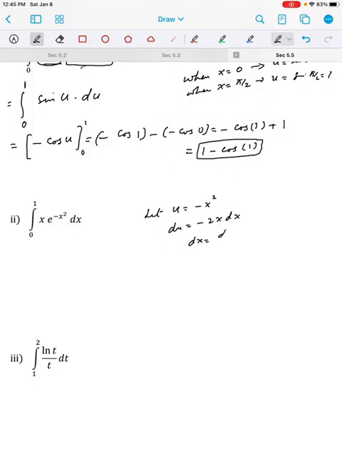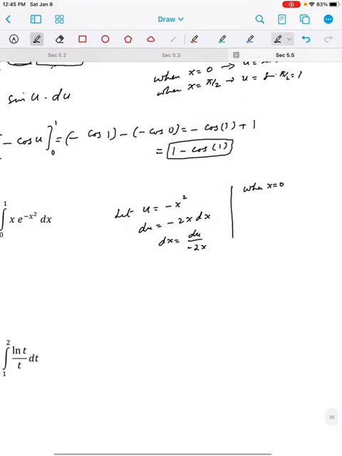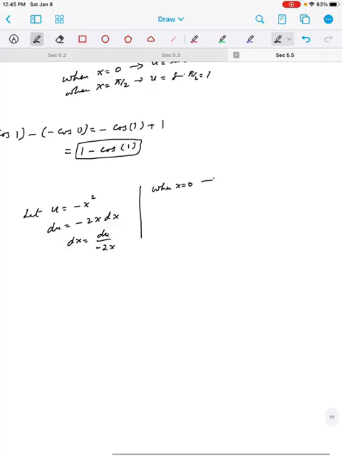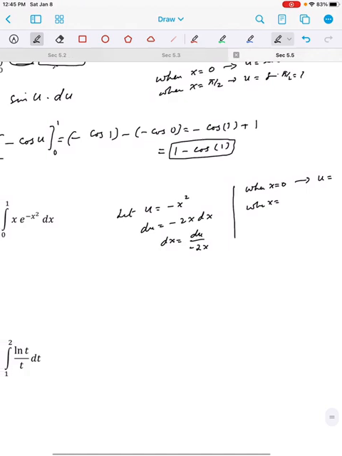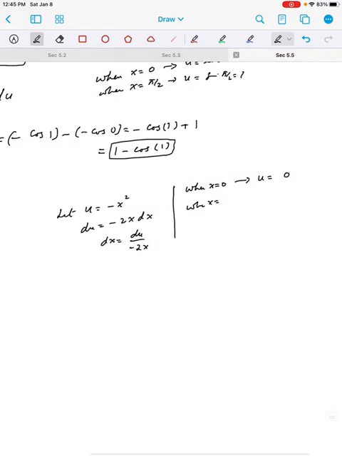So dx will be equal to du over minus 2x. And at the same time, I will evaluate the limits. So when x is 0, you can see u will be equal to minus 0 square, so u is 0. When x is 1, this implies u is negative 1.